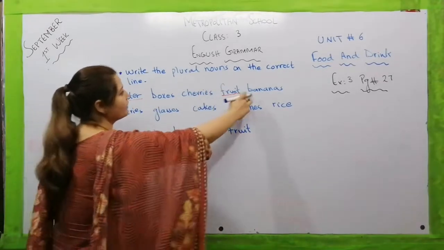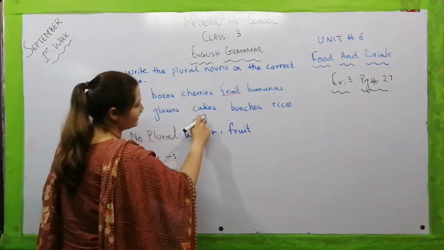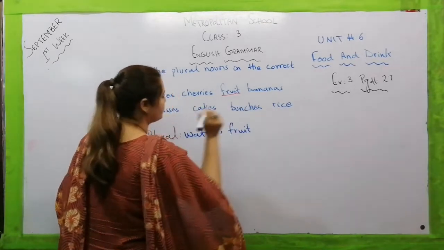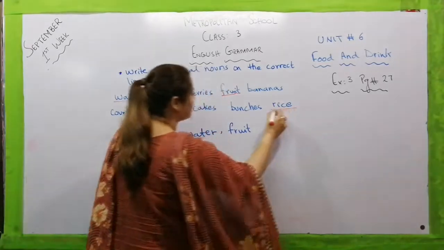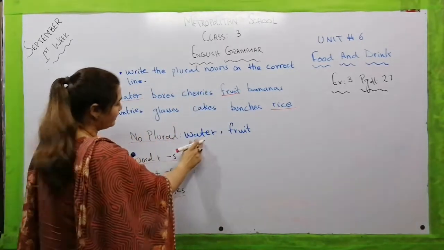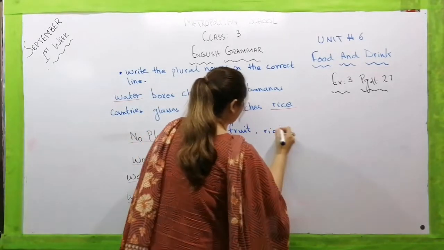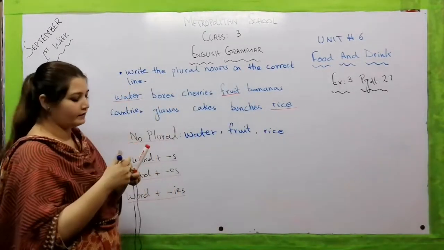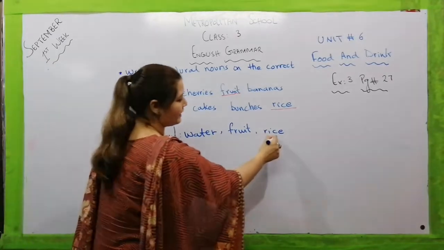Now let's move forward. Bananas, countries, glasses, cakes, bunches, this rice. This word has no plural, so we are going to write this word in the no plural group. So we have found three words in the no plural group, which are water, fruit and rice.